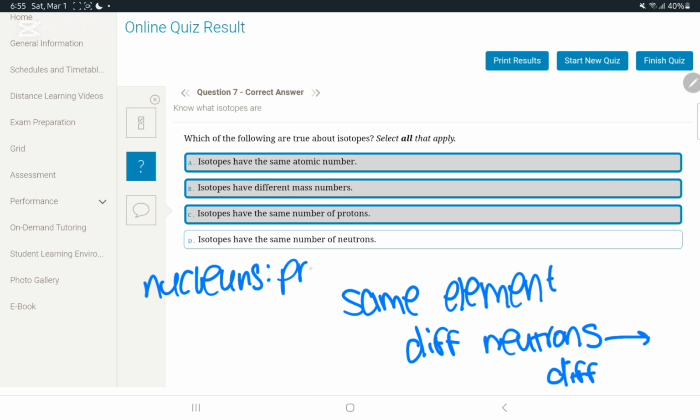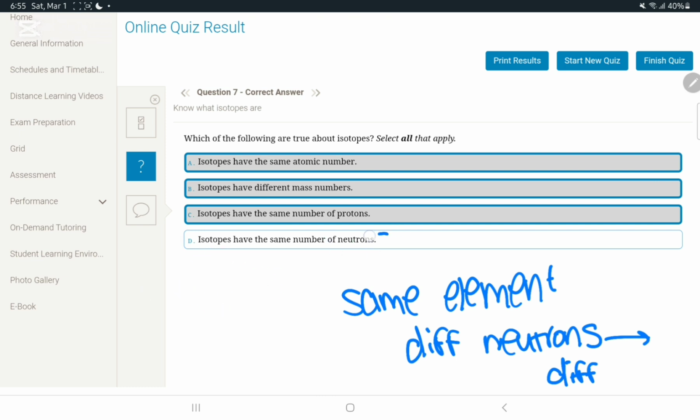Nucleons are protons plus neutrons, right? So since the neutrons change, this will make the nucleons change. So they will have different nucleons, different mass number. The mass number, which is represented by the symbol A, is equal to nucleons, so the mass number will change.